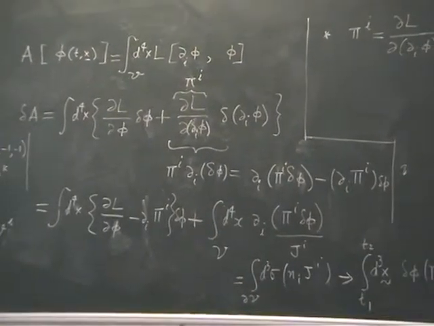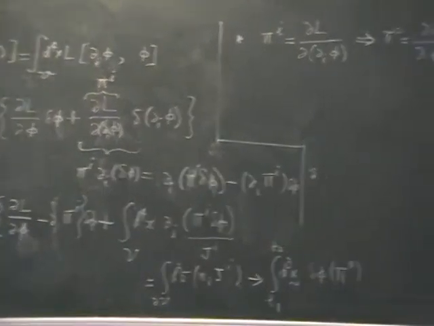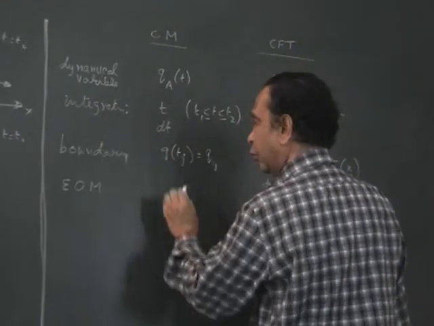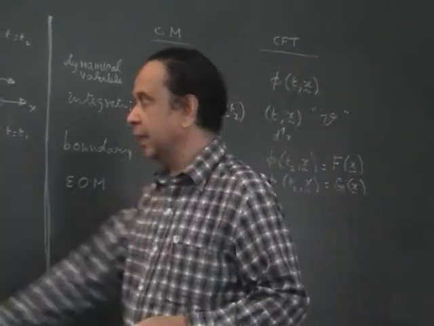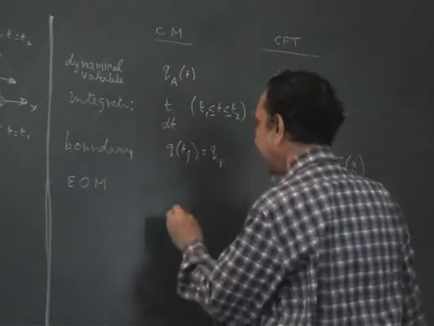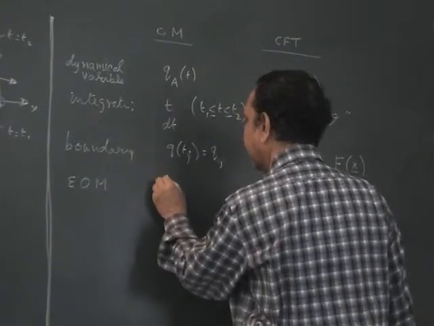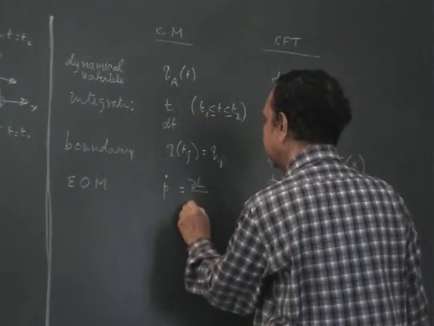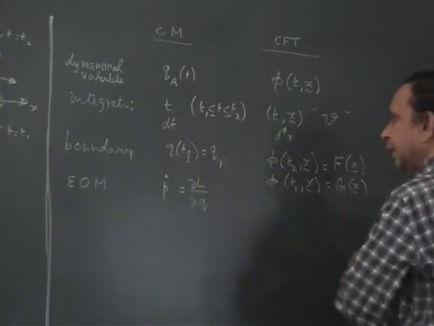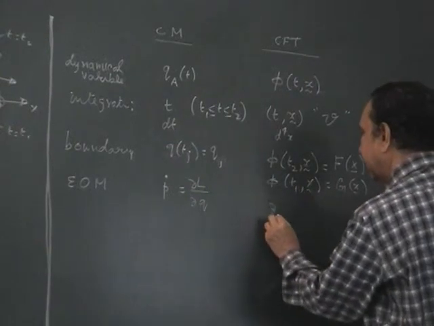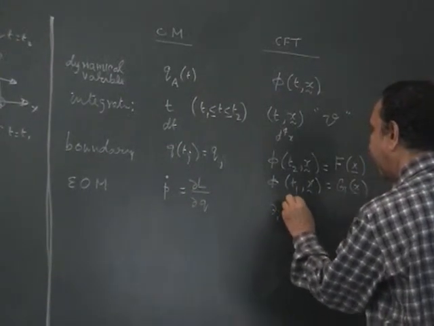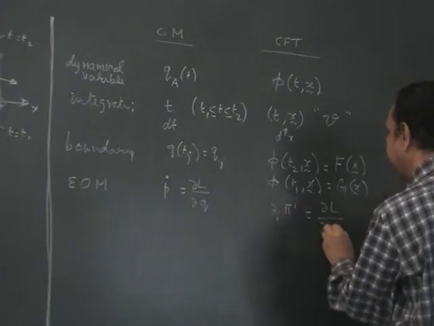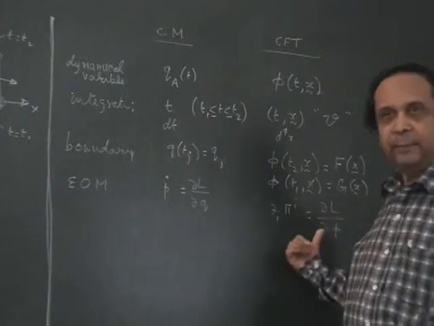What are your field equations or the equations of motion? The equations of motion here is, we wrote it down. It came from that particular quantity. We had P dot equals dl by dq. Okay. Here the equations of motion will be di of pi i is equal to dl by d phi. Is exactly the same.